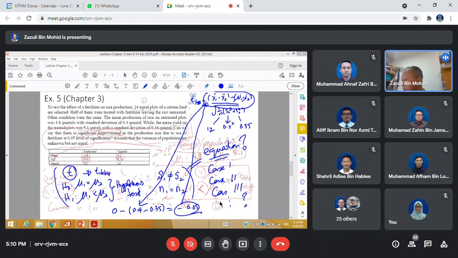So untuk jawapan ini, okay, for this question, the calculation of the t test is equal to minus 1.764. This is the final answer. Okay.